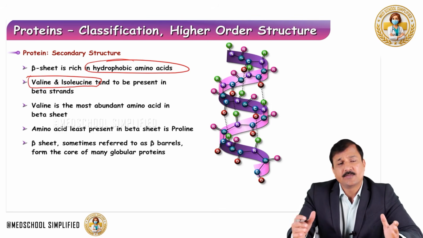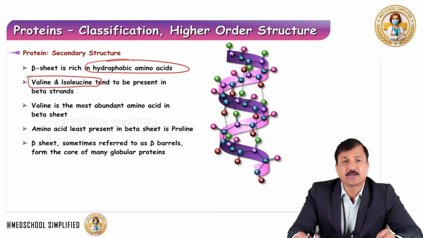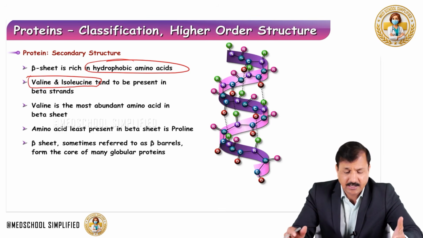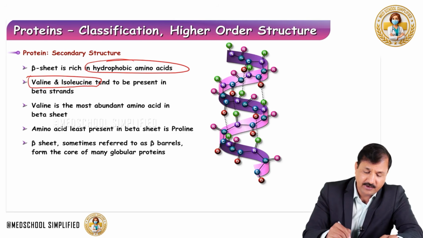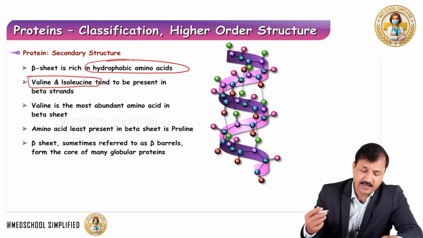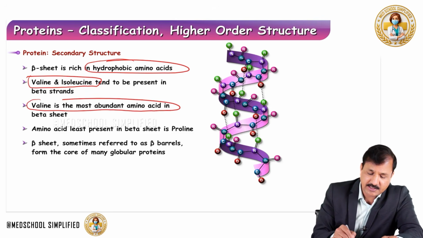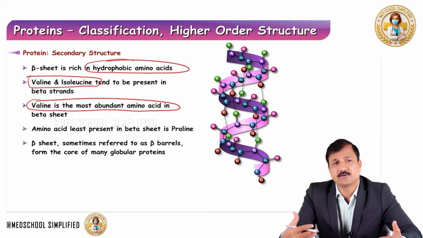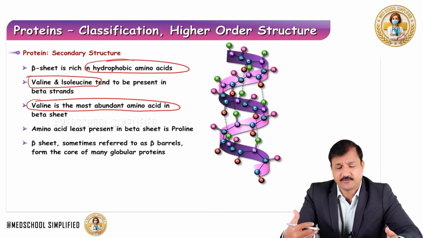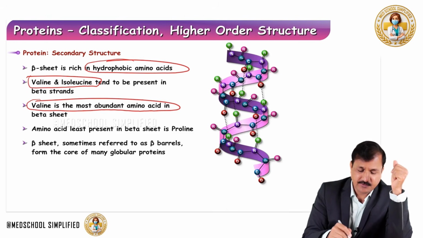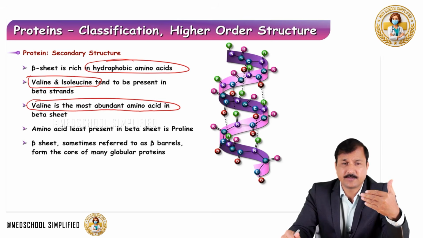First point is beta sheets are usually rich in hydrophobic amino acids. Which are the most important amino acids within that hydrophobic category? It is valine and isoleucine, and within valine and isoleucine, it is valine that is the most abundant amino acid in the beta sheet. So these are some of the important points that you must be aware of.